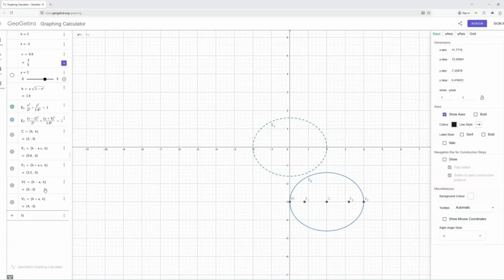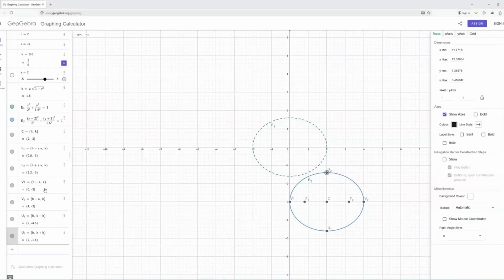A covertex occurs at the point h, k minus b, and a second covertex occurs at the point h, k plus b.